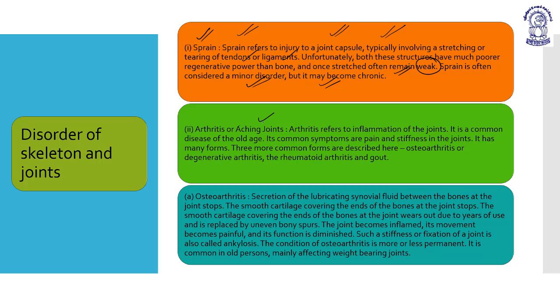Arthritis, or aching joints, is the inflammation of joints. There are different types of arthritis. It is a common disease of old age, very important. Its common symptoms are pain, stiffness in the joints, and swelling. The person complains of a constant mild stabbing pain in the region of the affected joint.